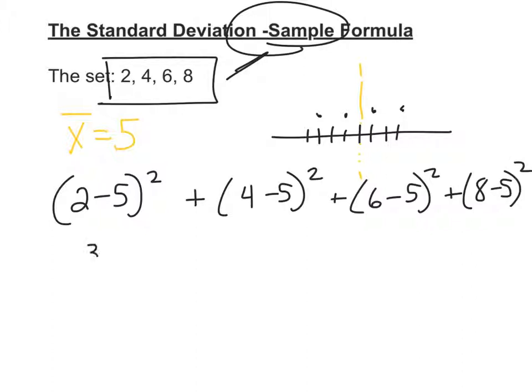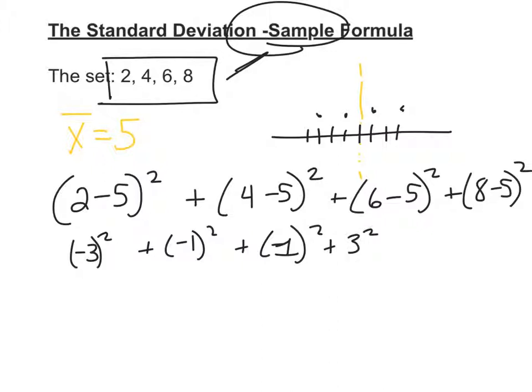So we have negative 3 squared plus negative 1 squared plus positive 1 squared plus 3 squared, right? So again, we're going to have 9 plus 1 plus 1 plus 9. That is 20.